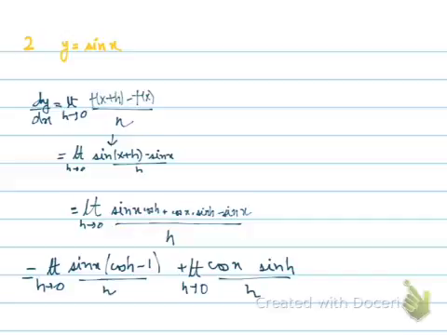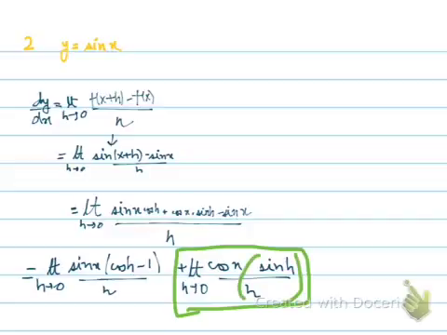So now let us first consider this one, which is quite an easy one. In here we have this part, sin h upon h. Now sin h upon h, h tends to 0, is what we call the sin x upon x limit, and that is equal to 1. So what we are left with now is one limit, limit h tends to 0 of sin x into cos h minus 1 over h, and right here we have cos x.